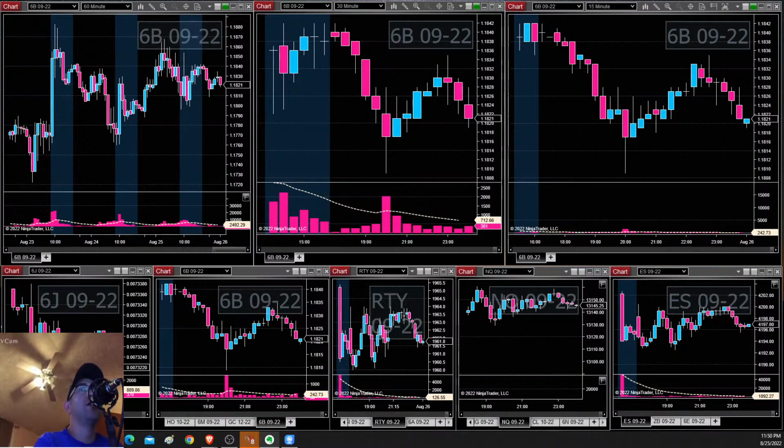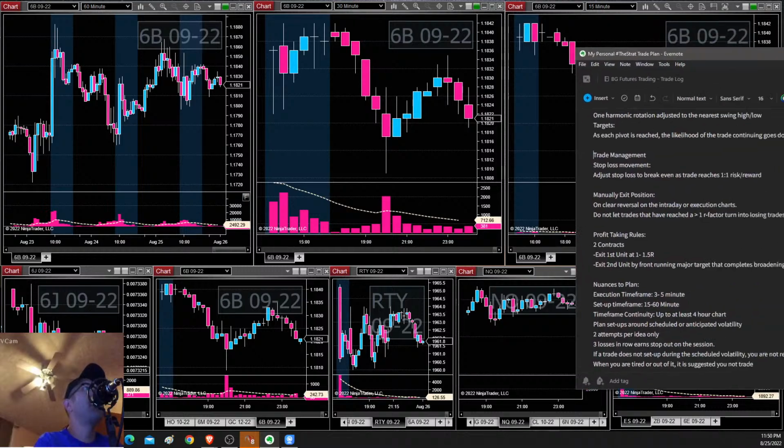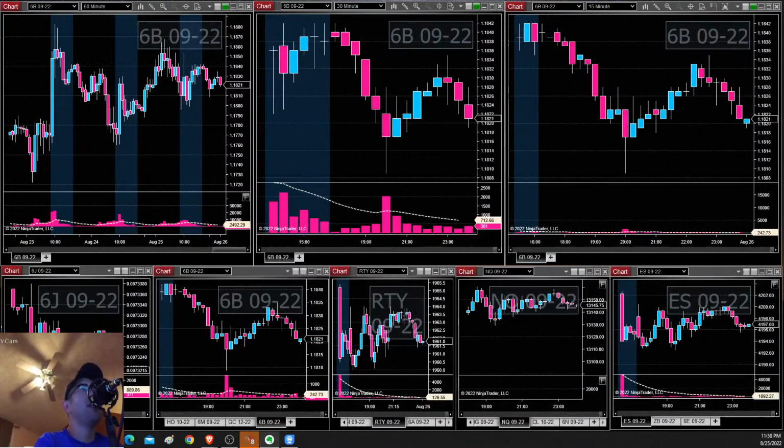I want to put some money on the table between 1 to 1.5 R. Second contract, I'm going to front run the major target that completes the Brownian formation. I use about 2 contracts typically. I'm not good for some reason when I do 3 scale outs. 2 scale outs seems to be fine. 1 at first target, second at second target.